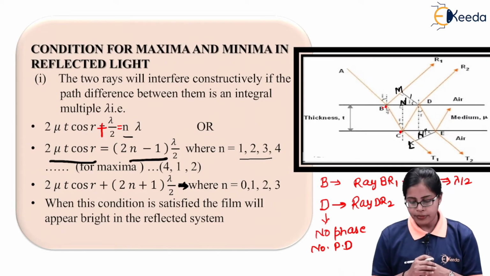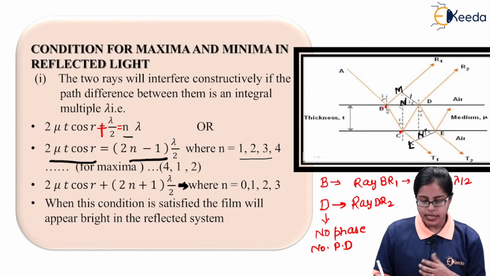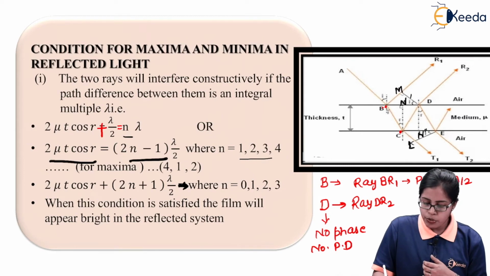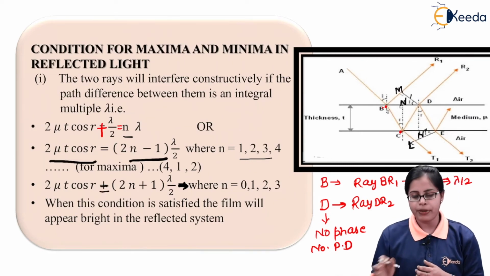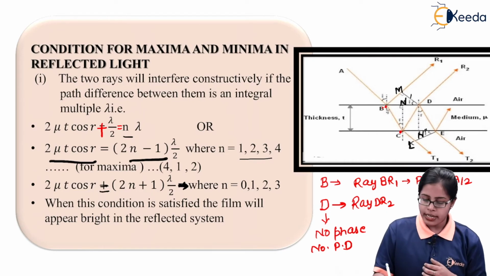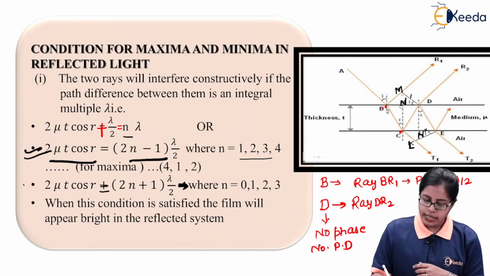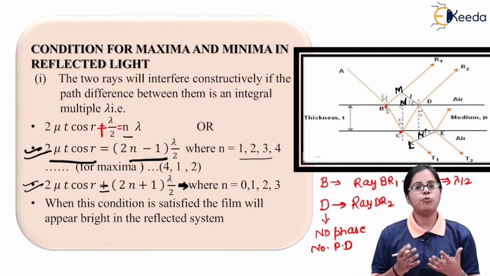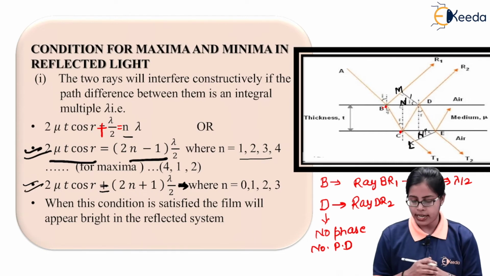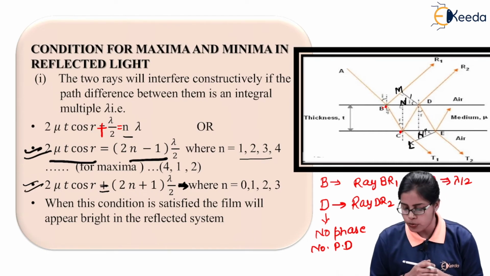Sometimes this equation is also written as 2 mu t cos r equals (2n plus 1) lambda by 2. So you can write the condition either as 2 mu t cos r equals (2n minus 1) lambda by 2, or as 2 mu t cos r equals (2n plus 1) lambda by 2.